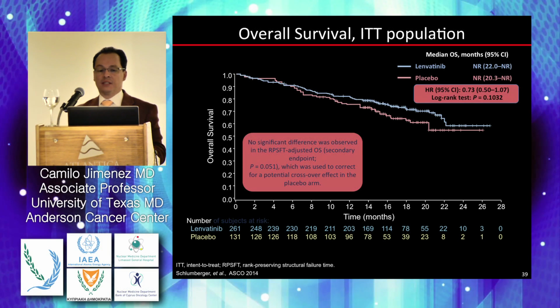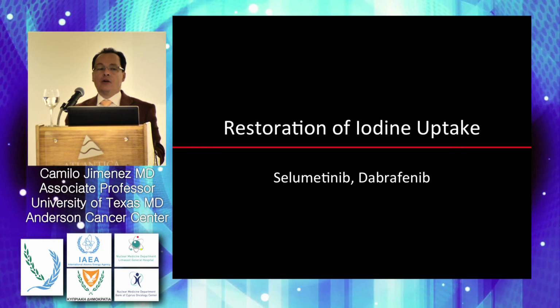So that's an interesting part. Now, this is complicated. If you have any questions, please let me know, because I'm going to change the topic to another group of drugs that I think are a great promise in our clinical practice.